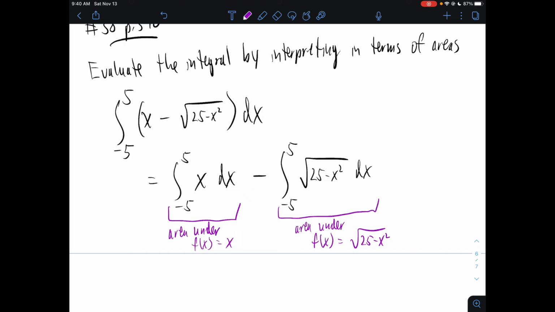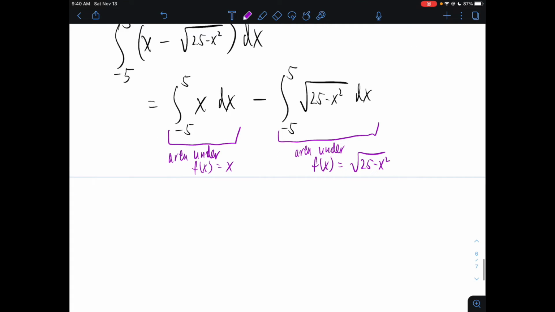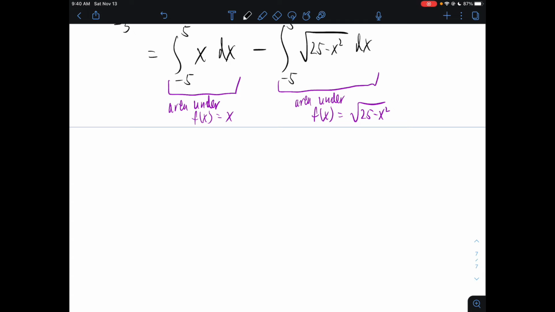So let's just graph these functions like you saw me do at the end of the previous one, and let's see if we can find the area just using knowledge that we might have from finding areas related to shapes. So for f of x equal to x, well, that's just a line with slope 1 and y-intercept 0.